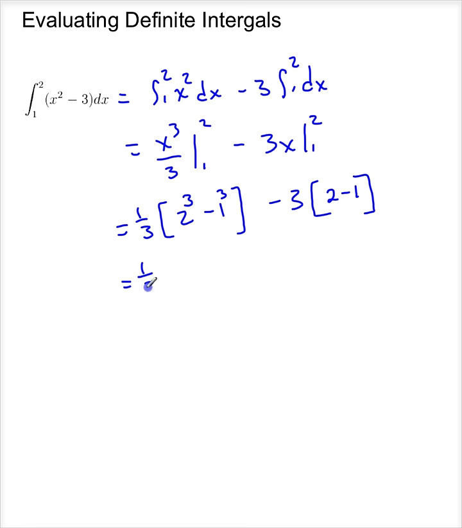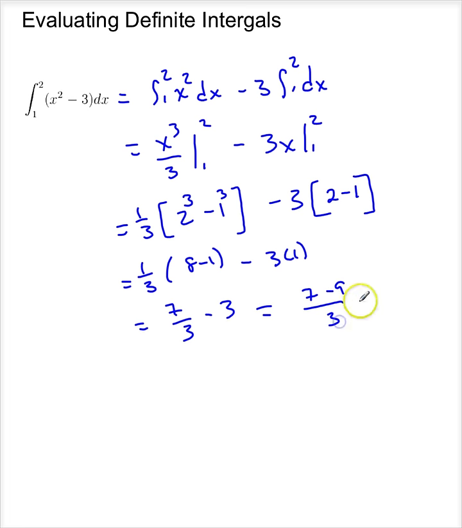So this is 1/3 times 8 minus 1, minus 3 times 1. So this is 7/3 minus 3. Get a common denominator. 7 minus 9 over 3 is minus 2/3.